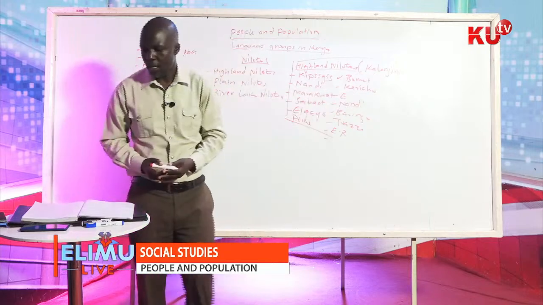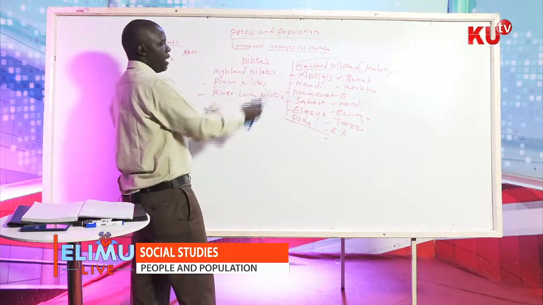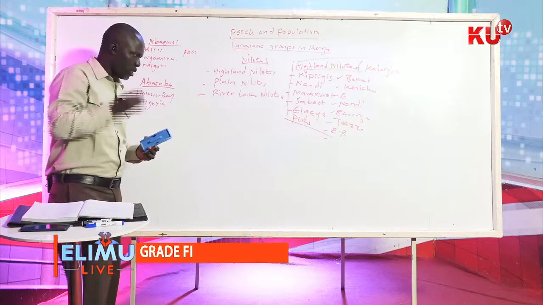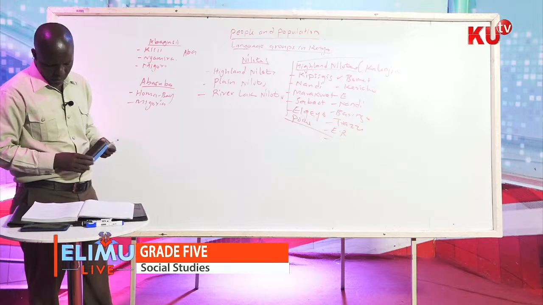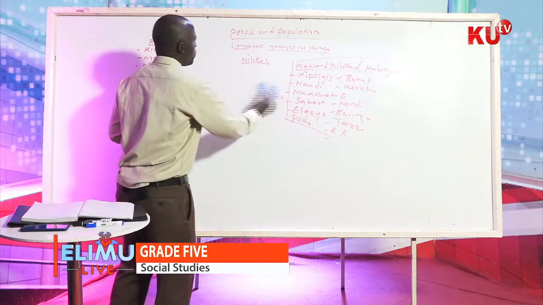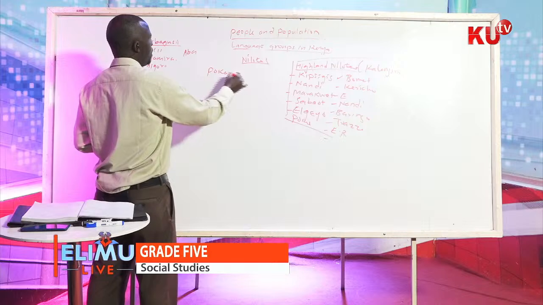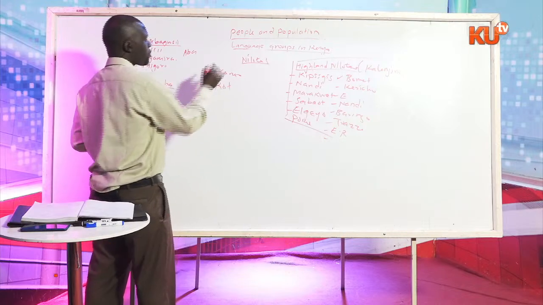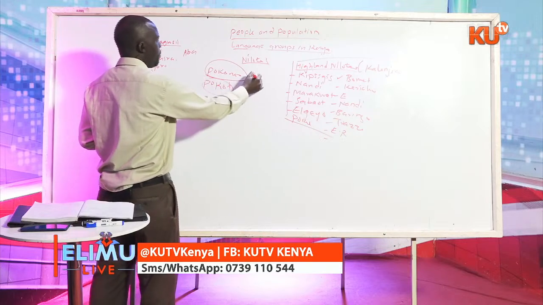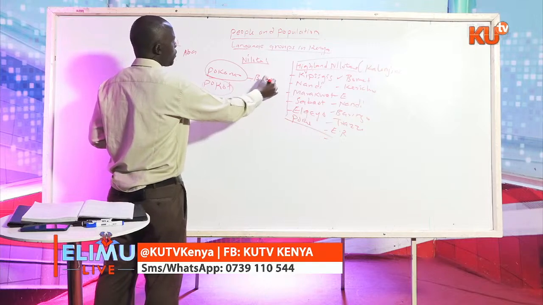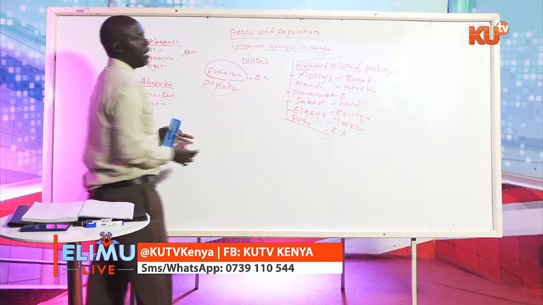The learners should not confuse Pokomo and Pokot. Pokomo are Bantus, the coastal Bantu, while the Pokot are Nilotes, under the Highland Nilotes.